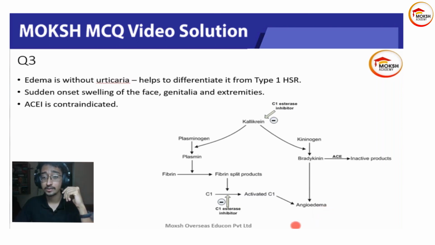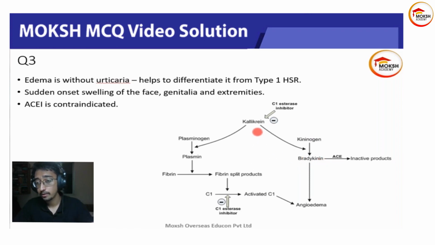Histamine was released. Okay. Also, one important thing for the exam is that besides inhibiting C1, the function of C1 esterase inhibitor is also inhibiting the conversion of kallikrein to bradykinin. Okay.